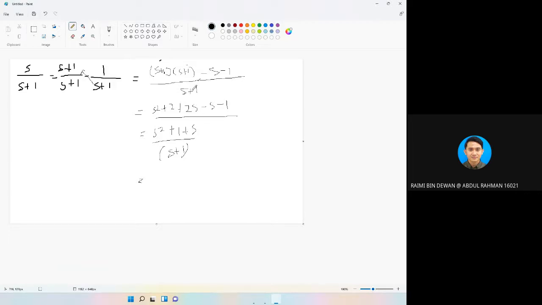And s plus 1 is, I think this, so it's squared here. So s plus 1, s plus 1.